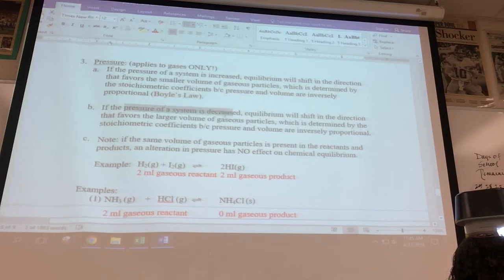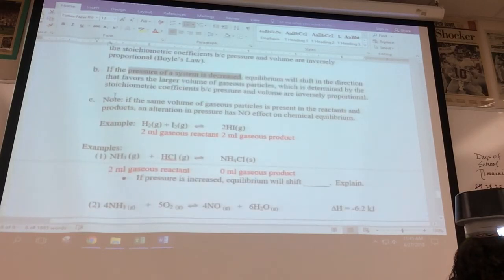If you decrease pressure of a system, equilibrium shifts to the side that has the larger volume of gaseous particles. However, if you alter the pressure and the volume of gaseous particles in reactants and products is the same, the alteration in pressure has no effect on equilibrium.